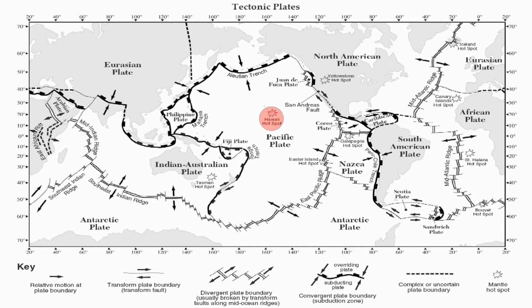Now, Hawaii is not the only hotspot. You have a bunch of them. You have the Tasman, the Easter Island, the Galapagos, the Yellowstone, the Bouvet, the Canary Island, the Iceland, and the St. Helena hotspot.